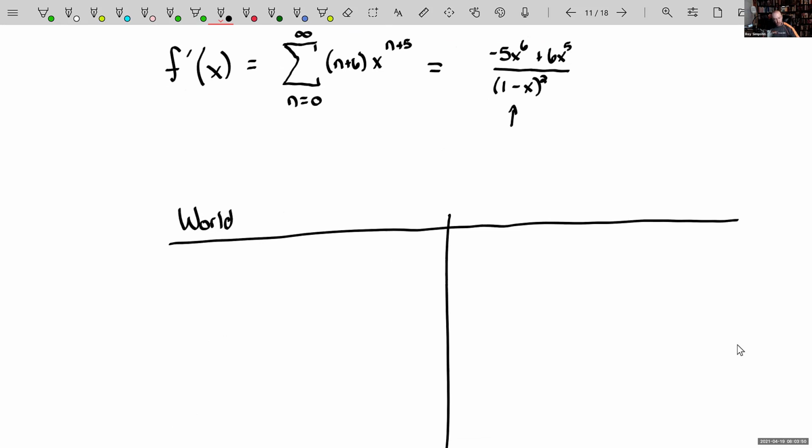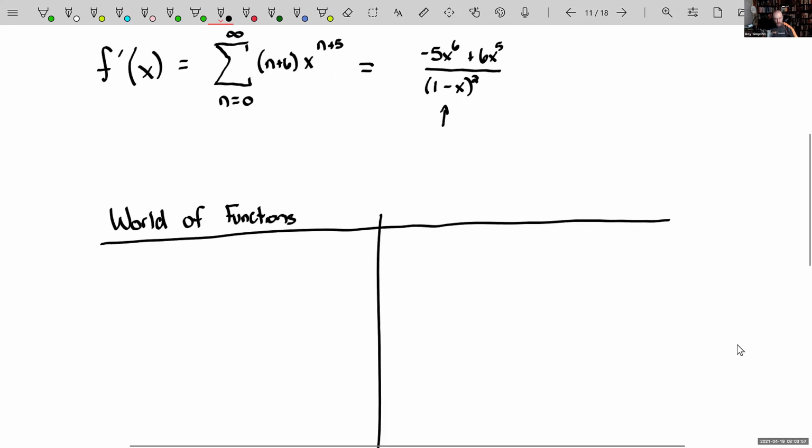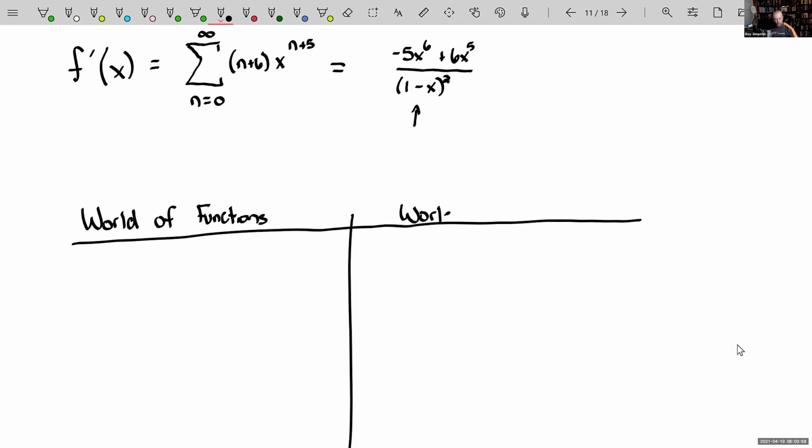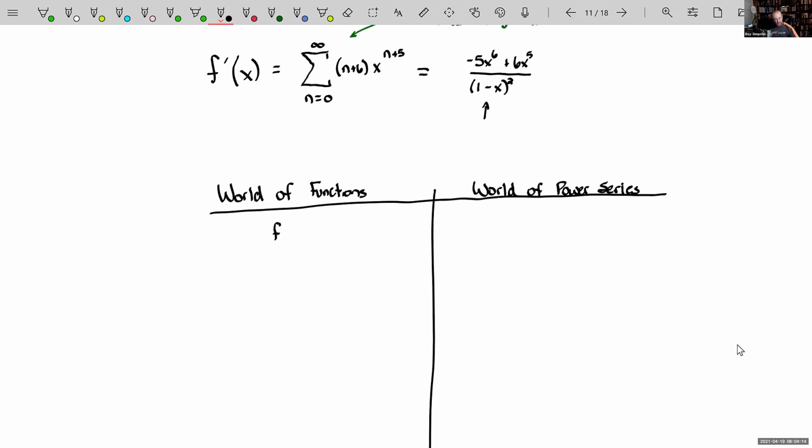With the world of functions, that's what we're used to. And we have now a brand new world called the world of power series. That's something we're not used to, right? And for most functions, they do have a related power series. So we have f, and then we have some power series of f, I'll just say ps of f, if you don't mind.